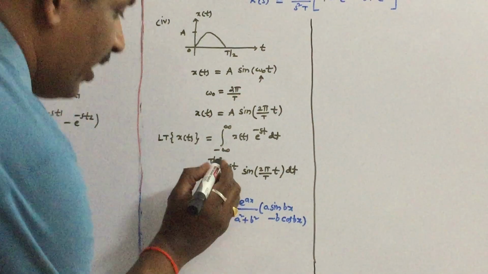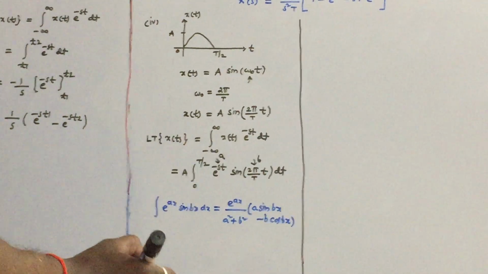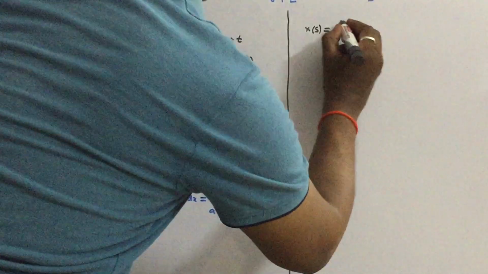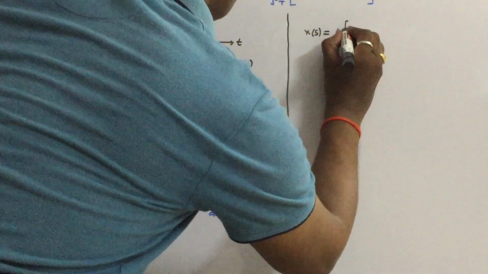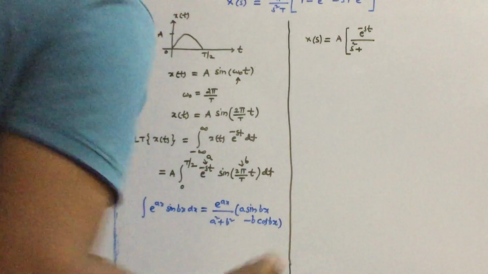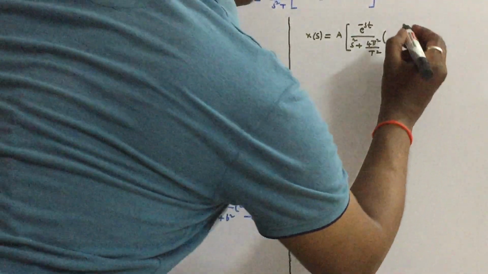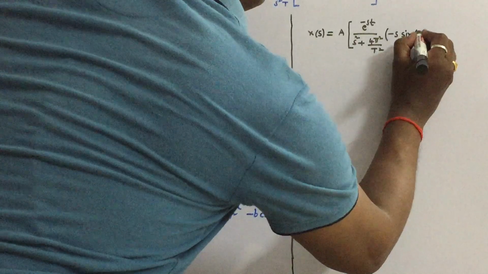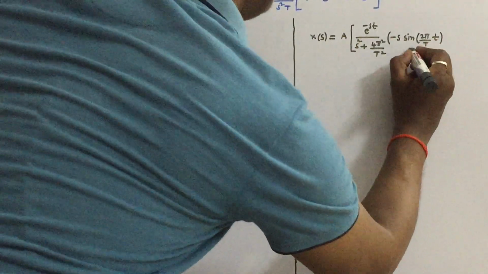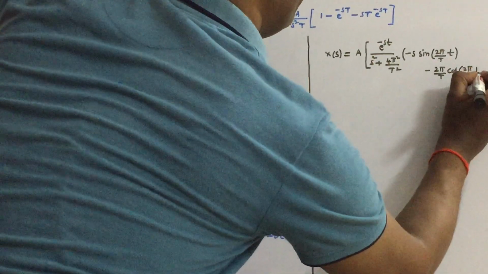Here a is equal to minus s, b is equal to 2 pi by T. So the Laplace of x of t, X of s, is A into e power minus st by s square plus b square, that is 4 pi square by T square, into a sine bx, that is minus s into sine of 2 pi by T into t, minus b, that is 2 pi by T, into cos of 2 pi by T into t.